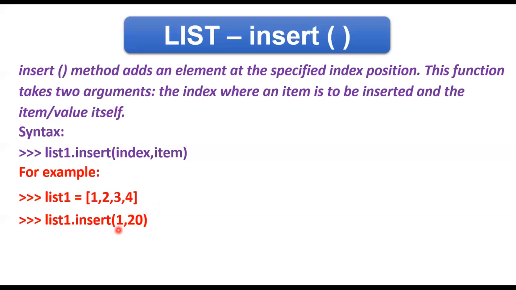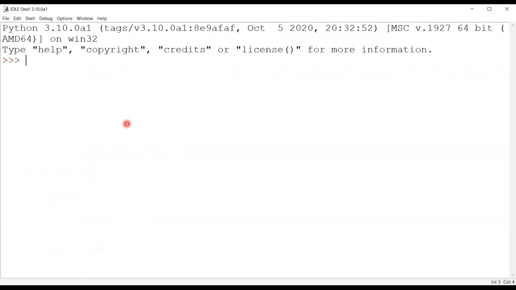Now I want 20 to be inserted at the first location in my list, and my print function is going to give me this particular result. After 1, at my first index location, 20 has been inserted. So this is how the list changes after inserting an element at a particular position specified in the insert function. We can implement this practically here also.